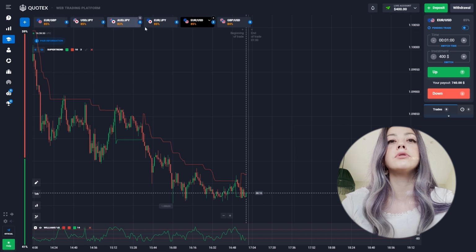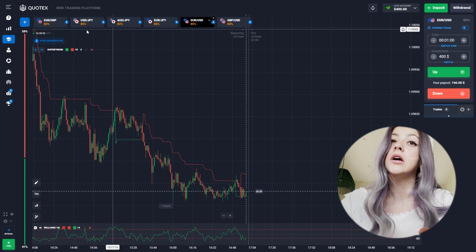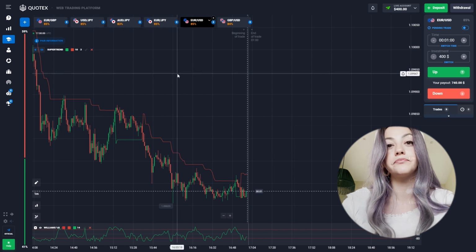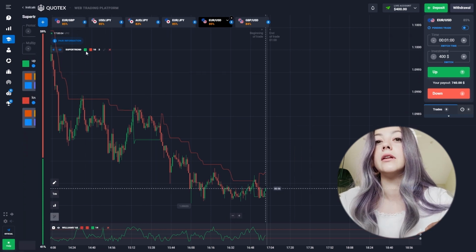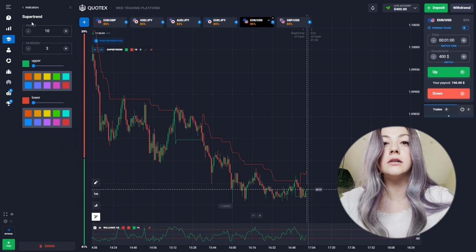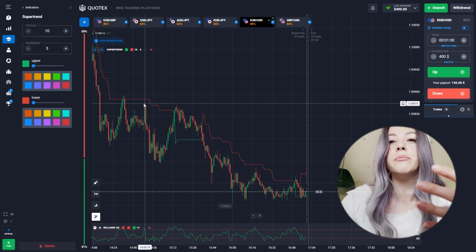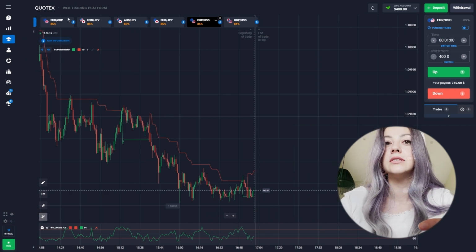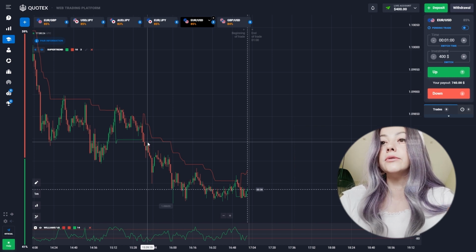We will also use our helpers, which are Supertrend and Williams Percent R, which will help us with our technical analysis. So Supertrend looks like green and red lines, which overlay our chart. The buy signal is generated when the line of the Supertrend overlays below the closing price and the indicator turns green.